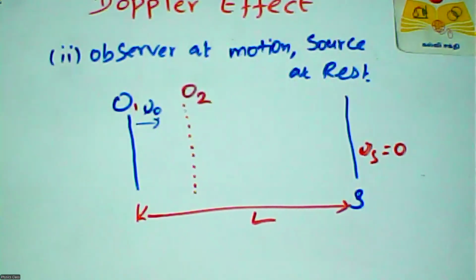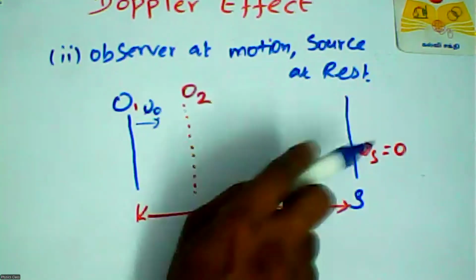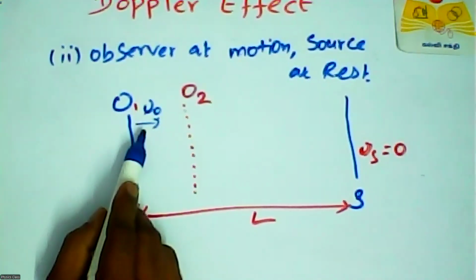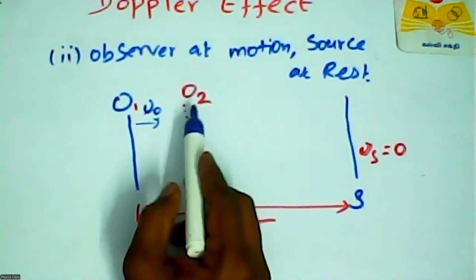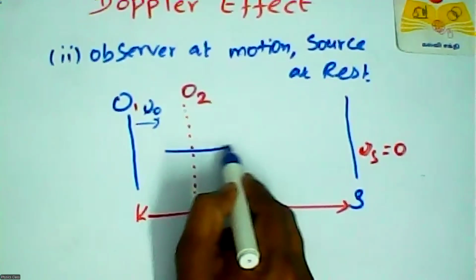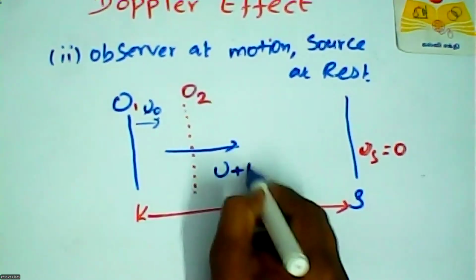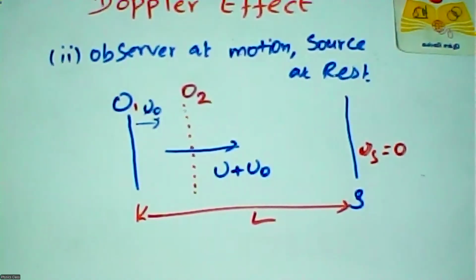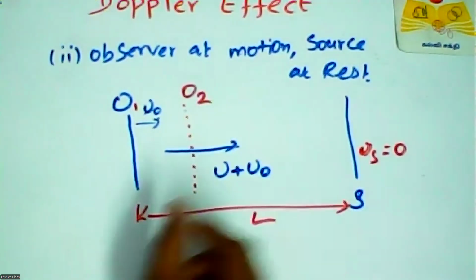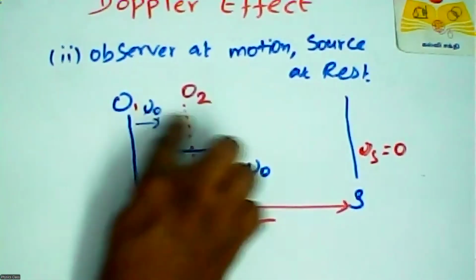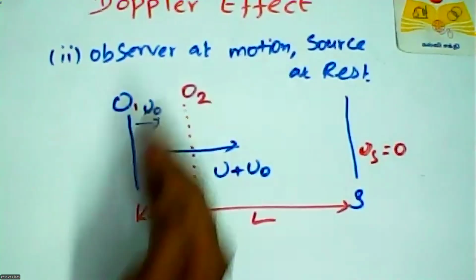Source is here, observer is here, and he moves towards the source with some velocity V naught. Suppose the velocity of the sound wave relative to him is V plus V naught. This is the velocity of the sound wave, because the source produces sound here and the observer moves here. He moves with a velocity, and the sound comes with velocity V in the opposite direction.